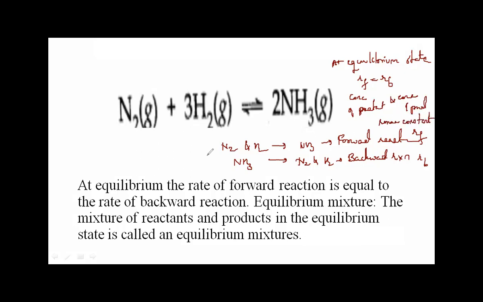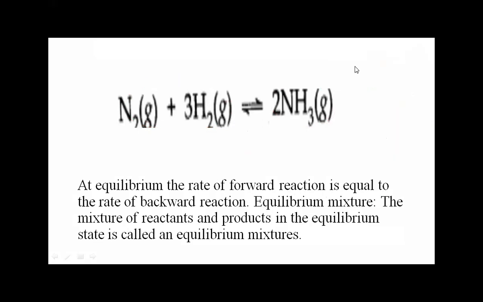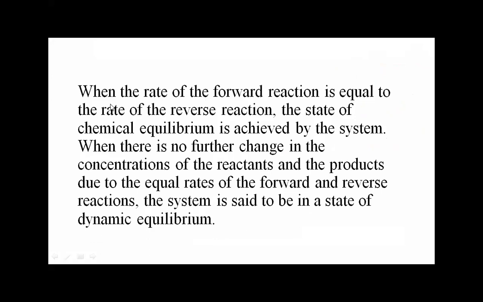So this is called equilibrium. At equilibrium, the rate of forward reaction is equal to the rate of backward reaction. And we have something called the equilibrium mixture. The mixture of both reactants and products in the equilibrium state is called the equilibrium mixture.